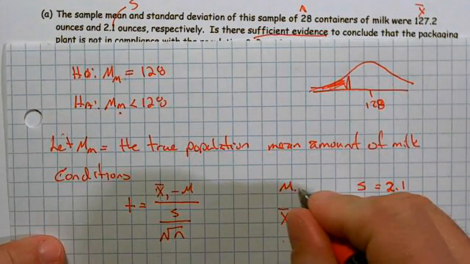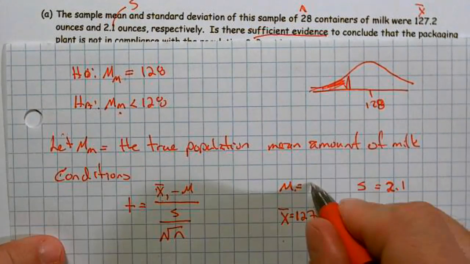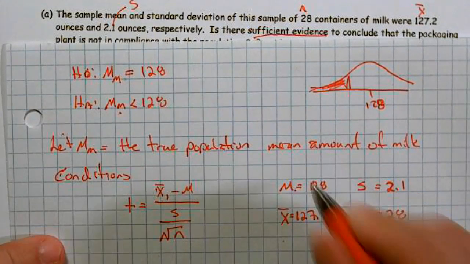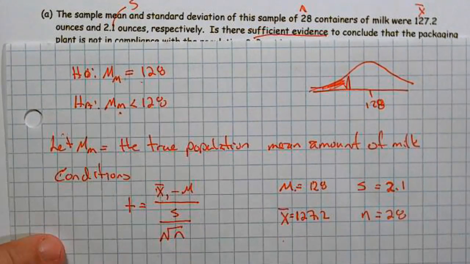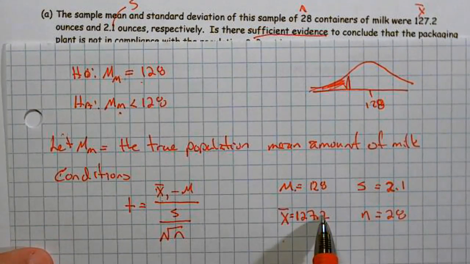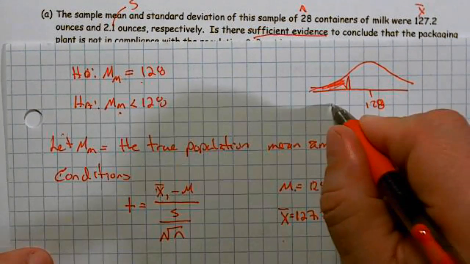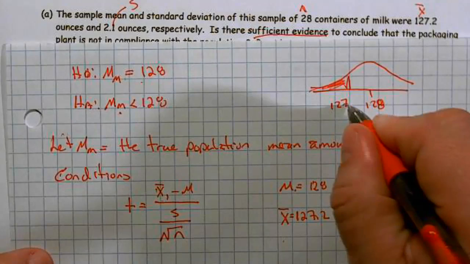And the claim was that it equaled 128. That's what we have right there. So I'm going to go ahead and plug in my values because what we're looking for is the probability that T is less than 127.2. This is 127.2 here.